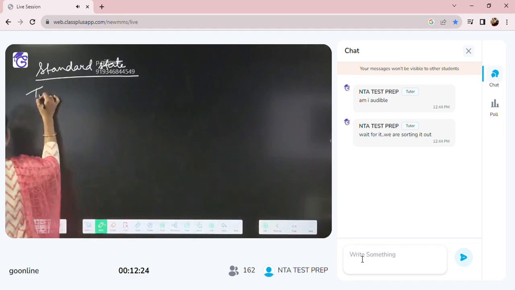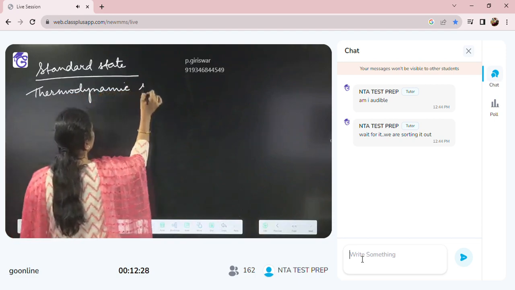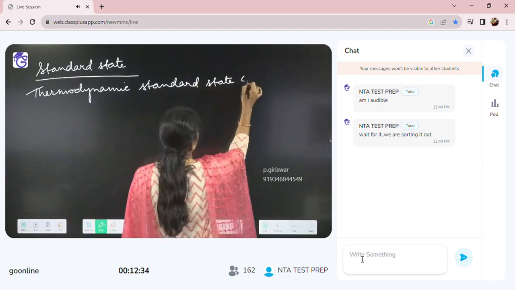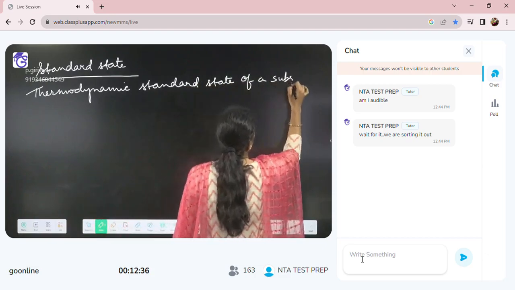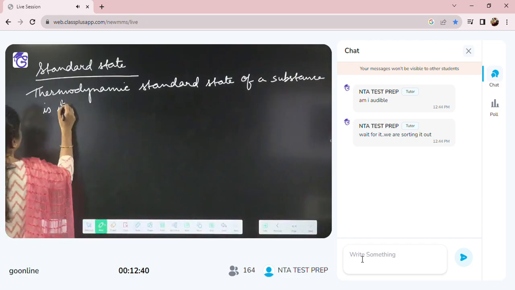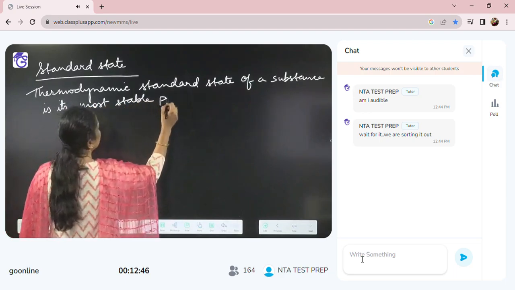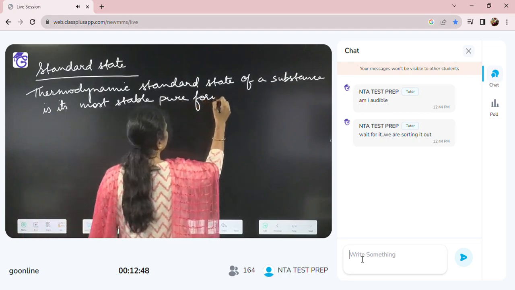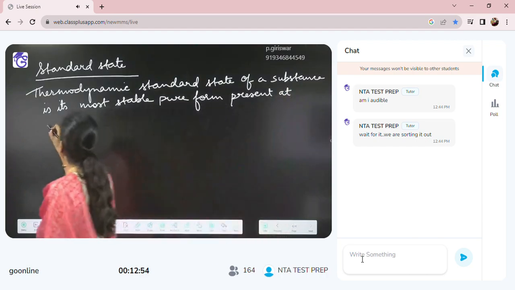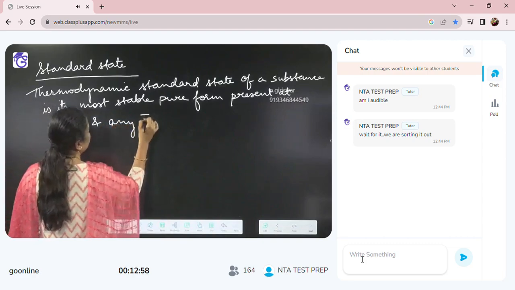So here I am writing: thermodynamic standard state of a substance is its most stable pure form present at 1 bar pressure and any temperature.